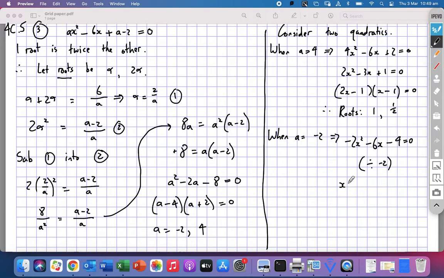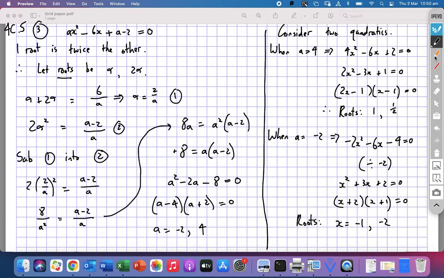So I'll get x squared plus 3x plus 2 equals 0. I can factorize this: x plus 2, x plus 1, and make sure you actually answer the question and find those roots. The roots would be x equals minus 1 and minus 2. So now we know what those roots are.